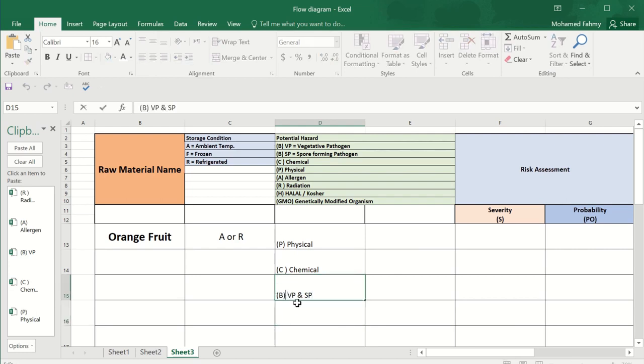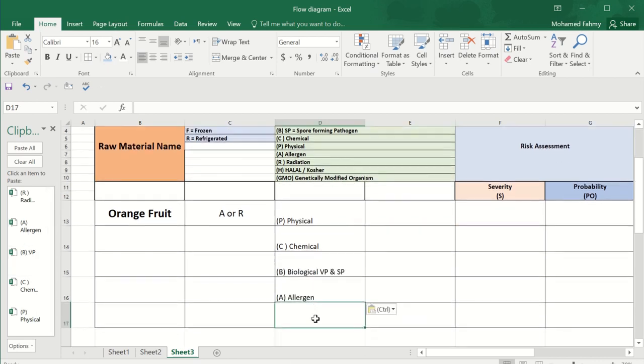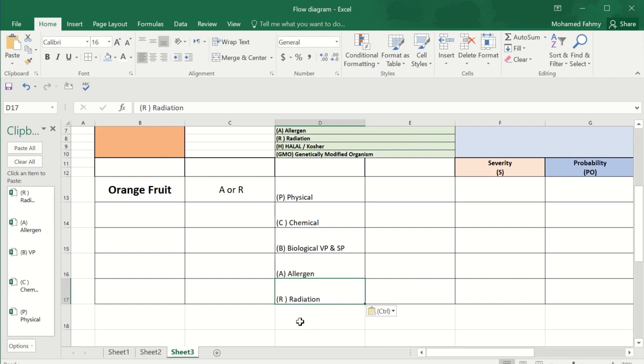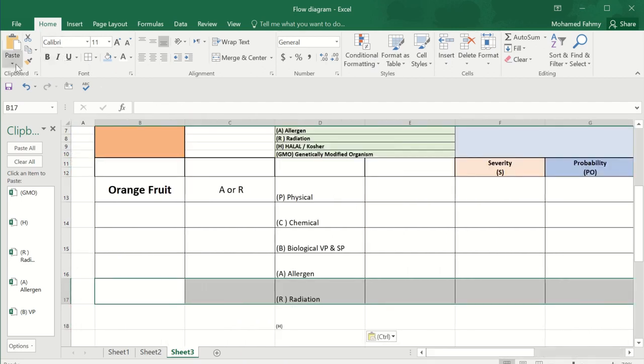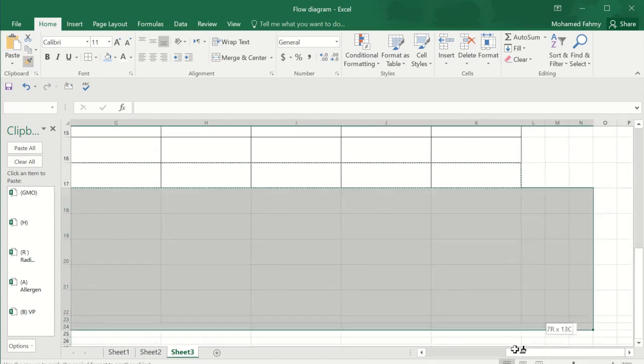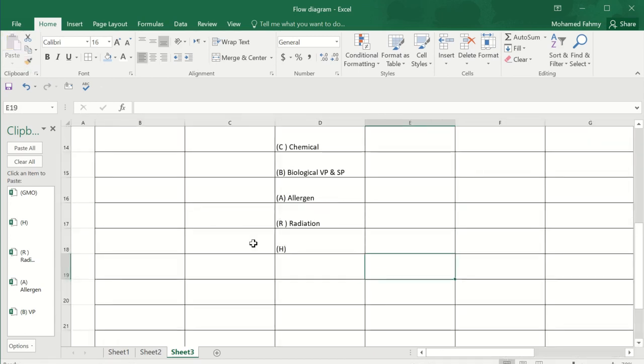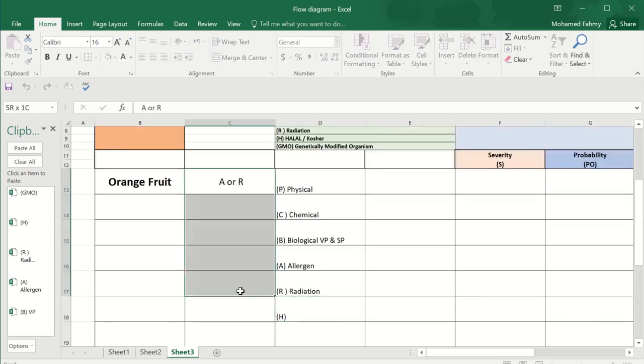Then right here also biological, no problem. Then allergen, radiation, halal, kosher, and GMO.